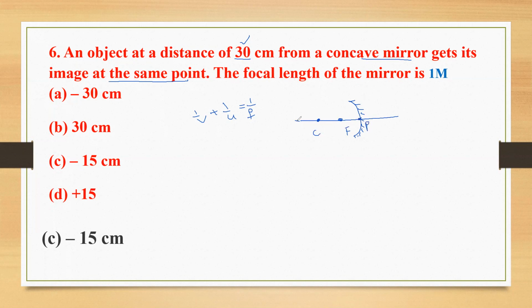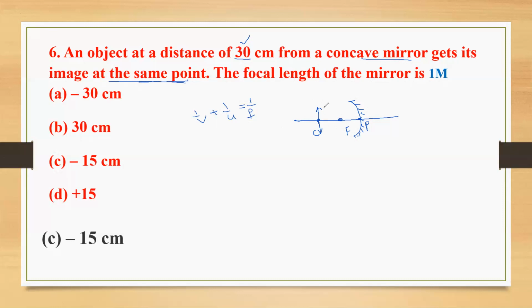Here you have the ray diagrams. In that, the third ray diagram, what is that? When you put an object on the center of curvature, what will happen? The image is formed also at the same point. The condition is given in the same way, no? Same point.